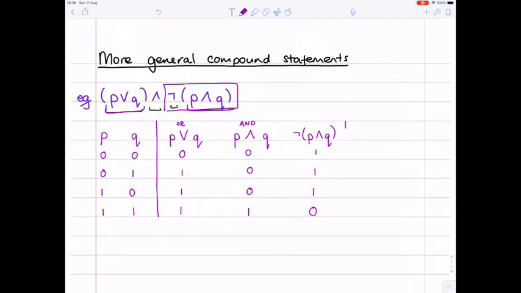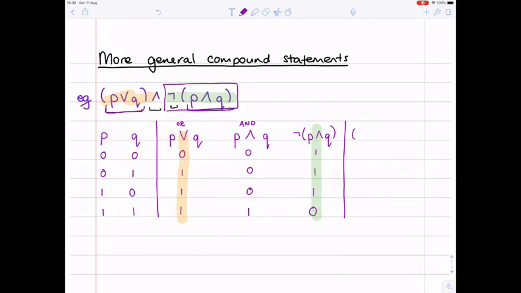So now we get to combine our P or Q, which is this column over here, and our not P and Q, which is this column over here.